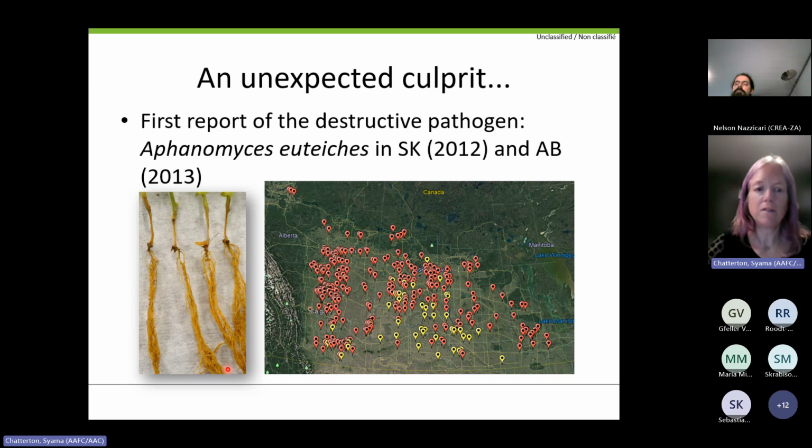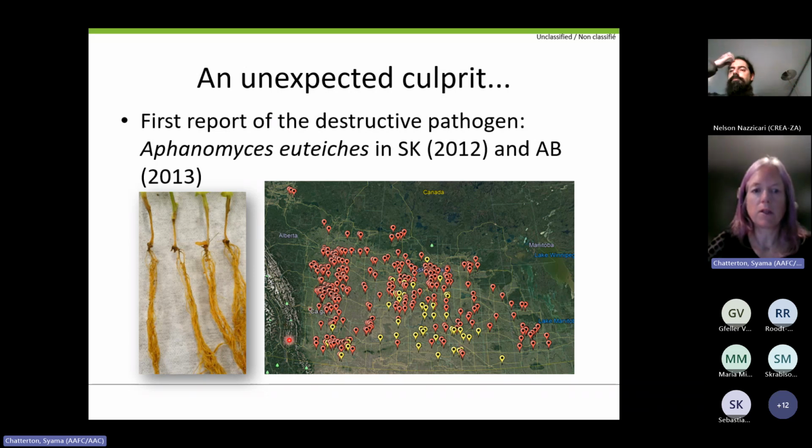So after having found it in 2012 and 2013, we then did extensive surveys for the next 4 years, from 2014 to 2017, very systematic and extensive surveys all across the prairies that you can see here on this map. And what we found is that Aphanomyces was really present anywhere where peas are grown, shown by the red pins, and also where lentils are grown, shown by the yellow pins.